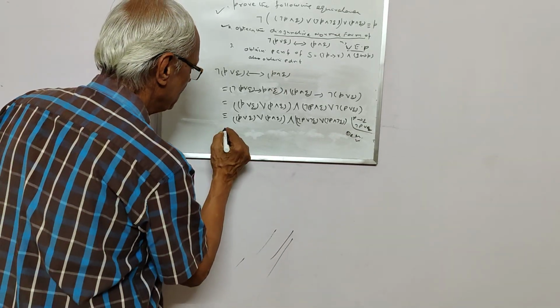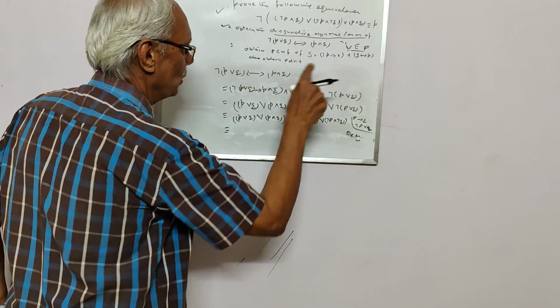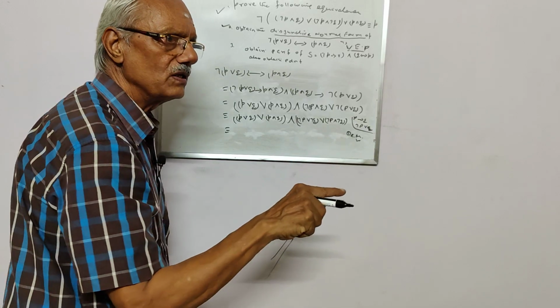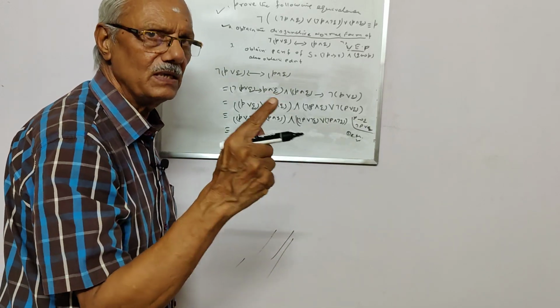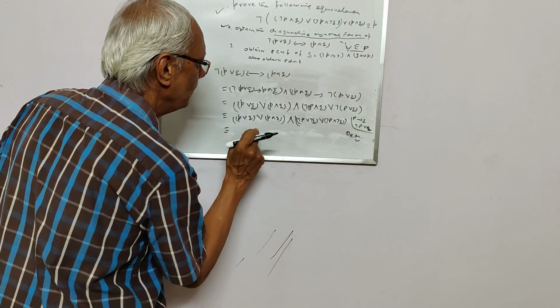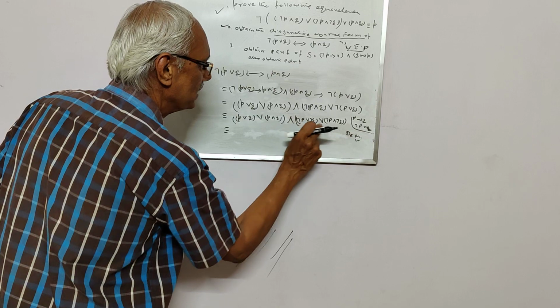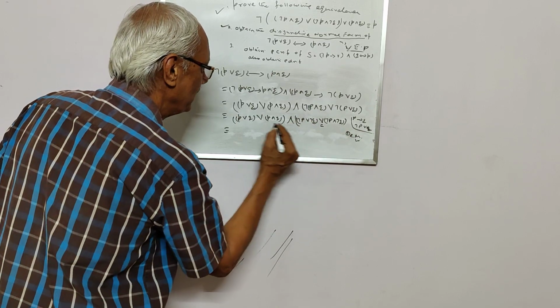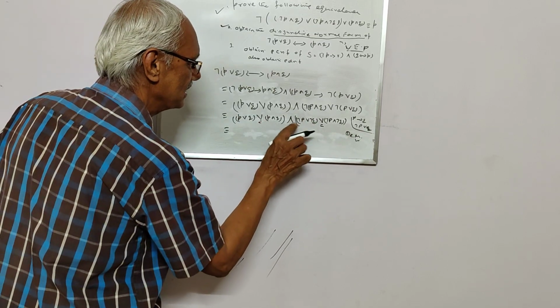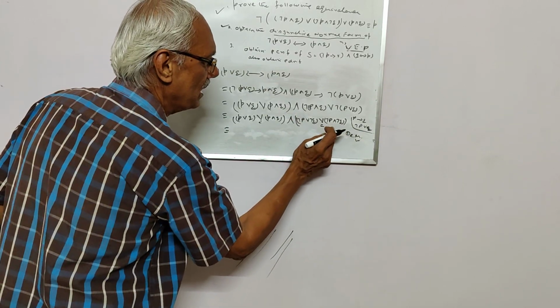Now I must write this as a disjunction, a union, of the elementary products. So I will write like this. What does it mean? I must always remember that the union must come. This must be maintained, and this conjunction must somehow be removed, and you must have elementary products.